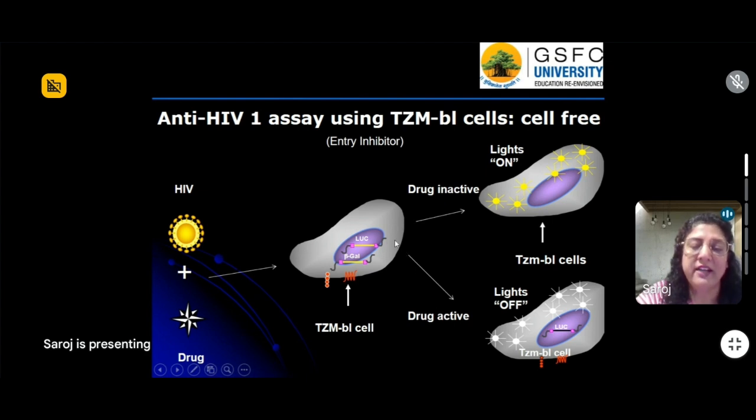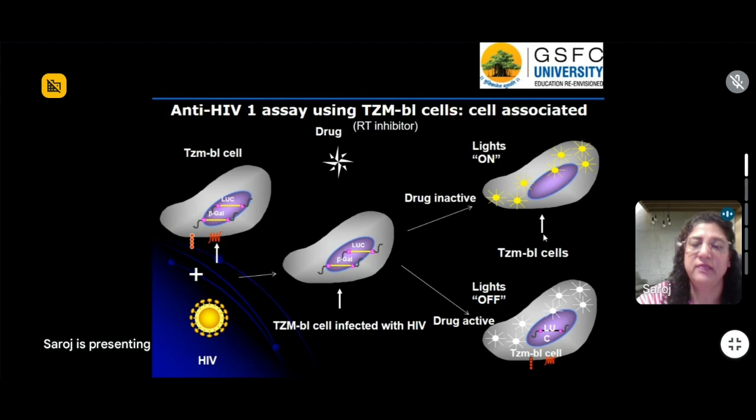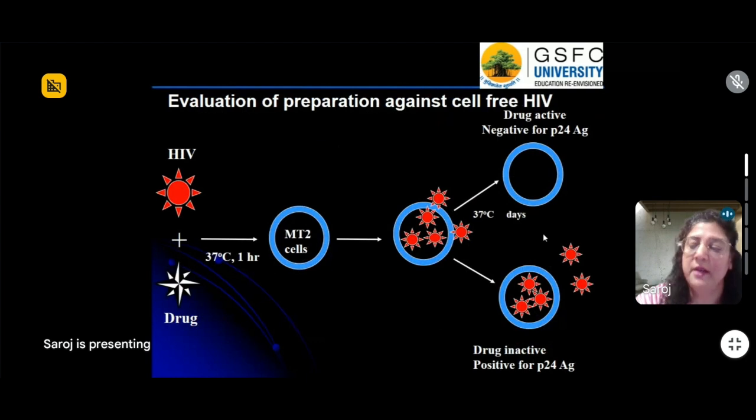If the drug is active, that means if the drug has managed to kill the virus, your beta gal is not going to be activated and you are going to see the lights off. So you have light on if the drug is inactive, and you have light off if the drug is active. So this is one of the systems. There are lots of variants of this system. For the paucity of time, I'm not going to go into this. We can probably have another discussion.